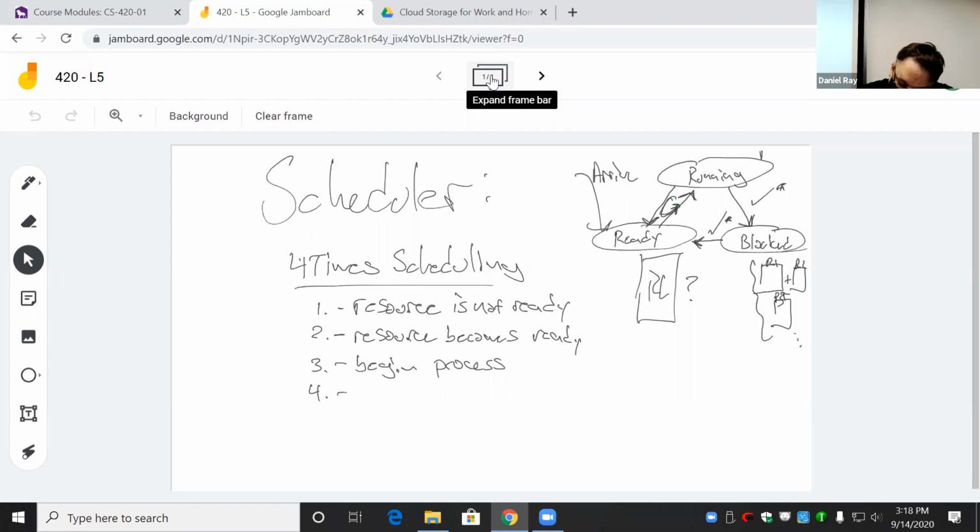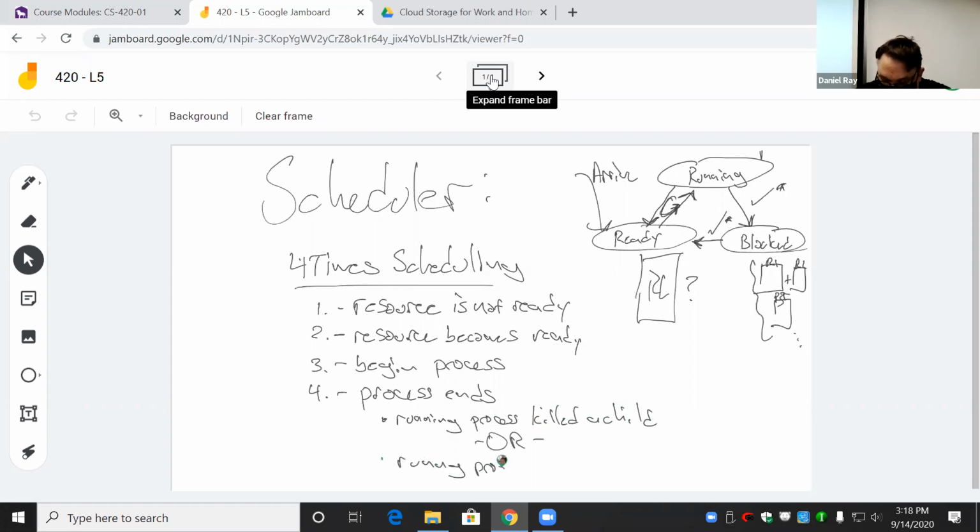And when a process ends, right, then we need to determine, because what could have ended? Either the running process killed a child, or the running process terminated. It was done. Okay?